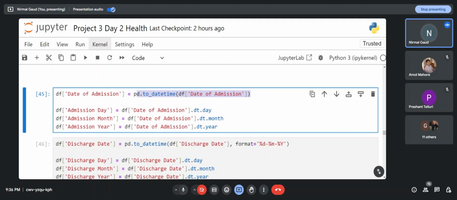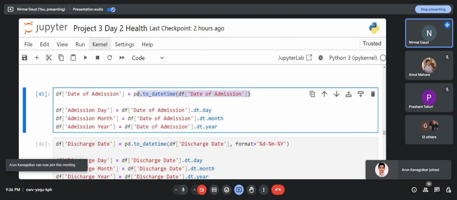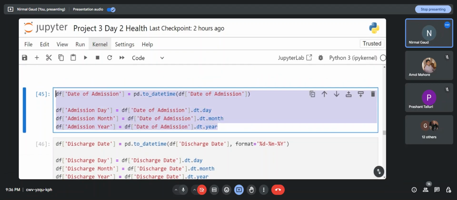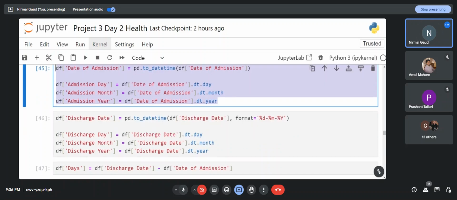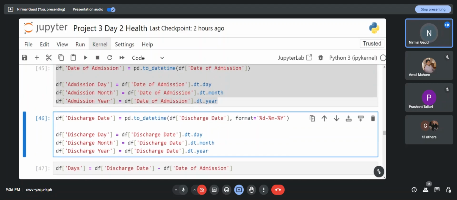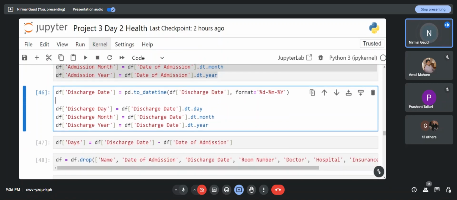I converted this date of admission into datetime, and then I found out what are the day, month, and year values from it. Okay, this is the way you can do. And then discharge date also I did the same. I found the day, month, and year for the discharge.